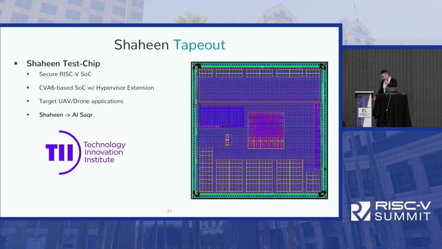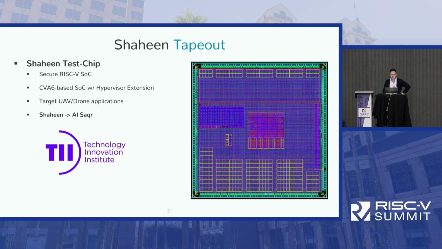A quick reference. I have been involved in a project where we implemented the hypervisor extension for the CVA6. This core has been plugged into a test chip, an SoC. This project has been funded by the TII from the UAE. You probably saw the booth from TII in the Expo Hall yesterday or the day before.